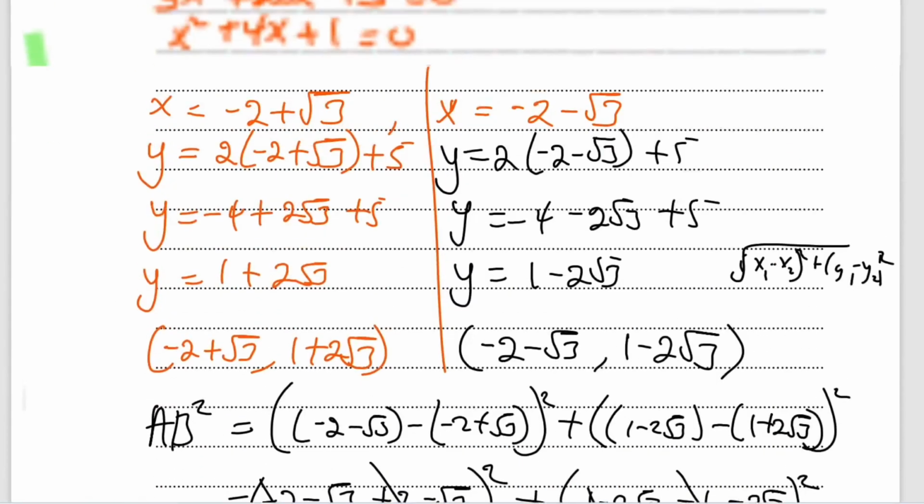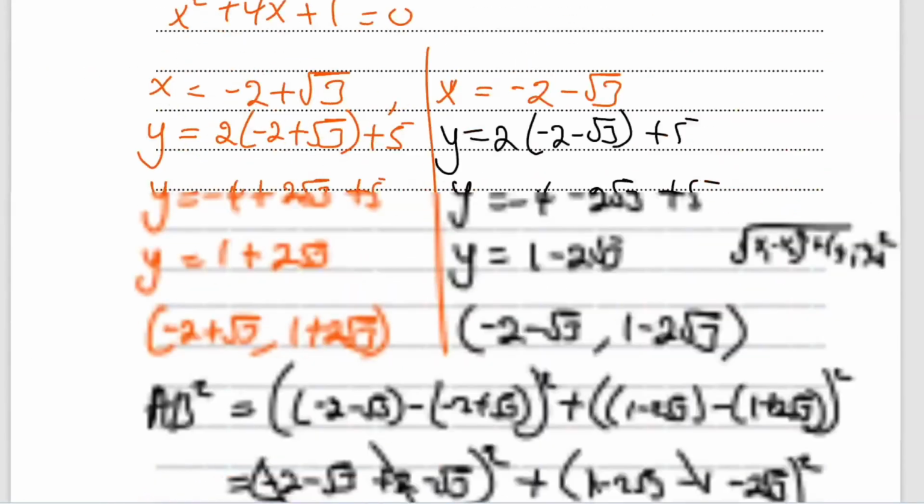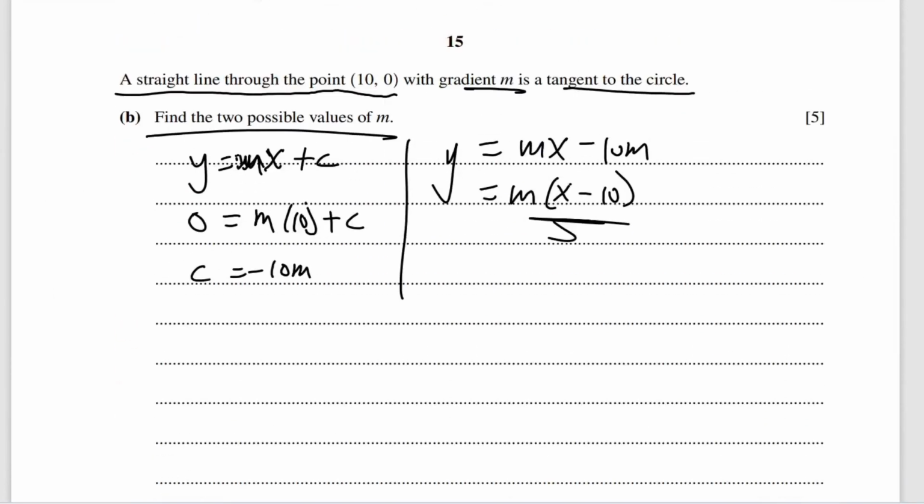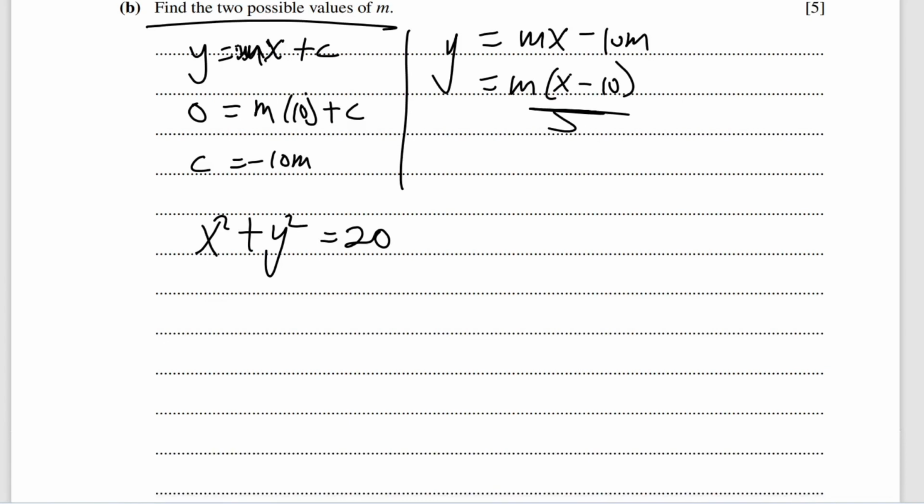The circle itself is x squared plus y squared equals 20. So my new y is m into bracket x minus 10. So I'm going to put it right there. So I have m into bracket x minus 10, all squared, is equal to 20.